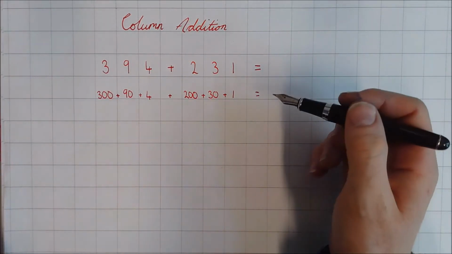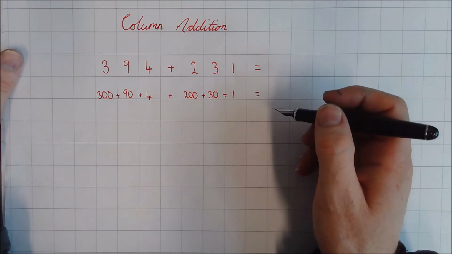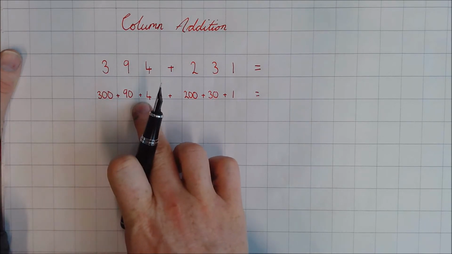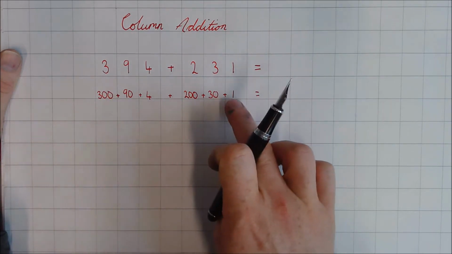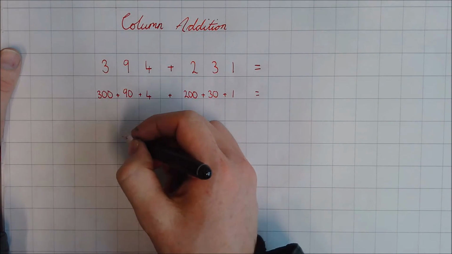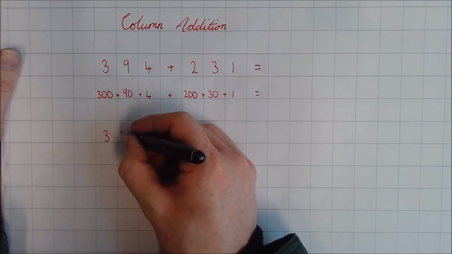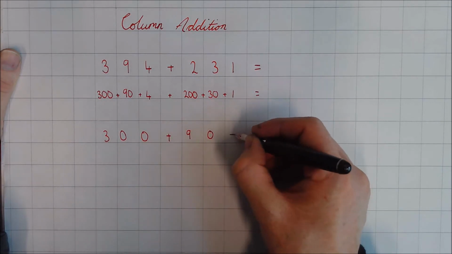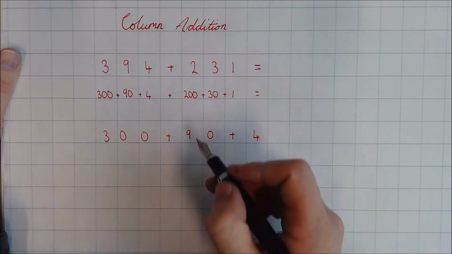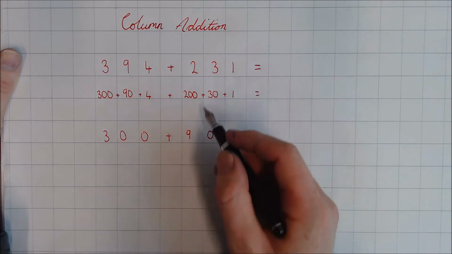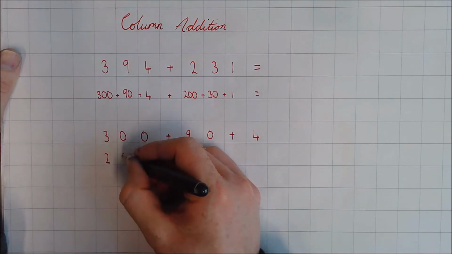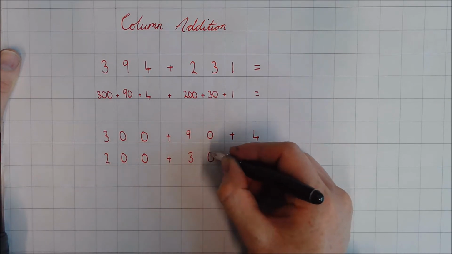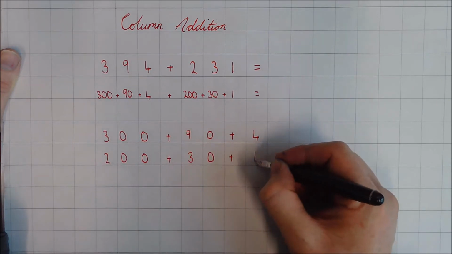So what we're going to do now is the expanded column method. The way this works is we line up each set of additions, one set above the other, like this. 300, add 90, add 4, and then below it we put this decomposed addend, 230 plus 1.